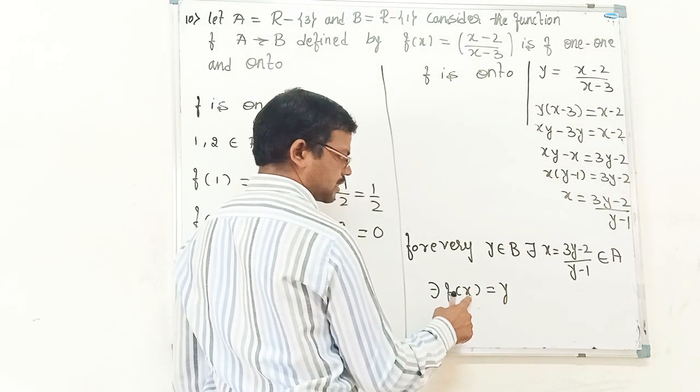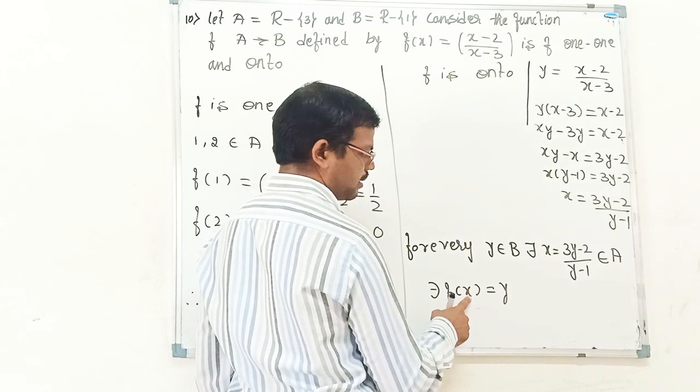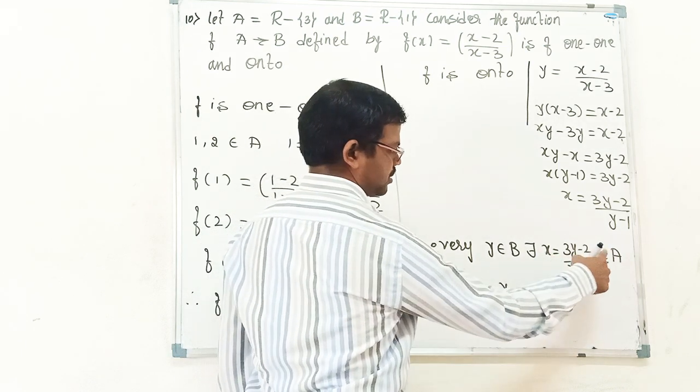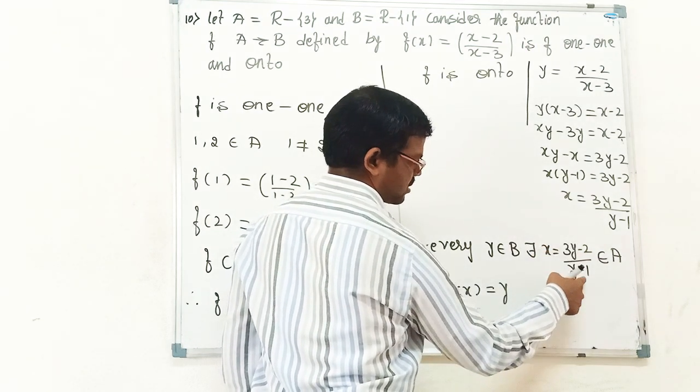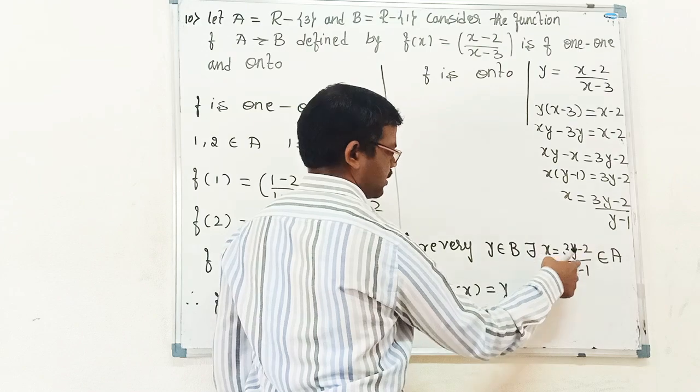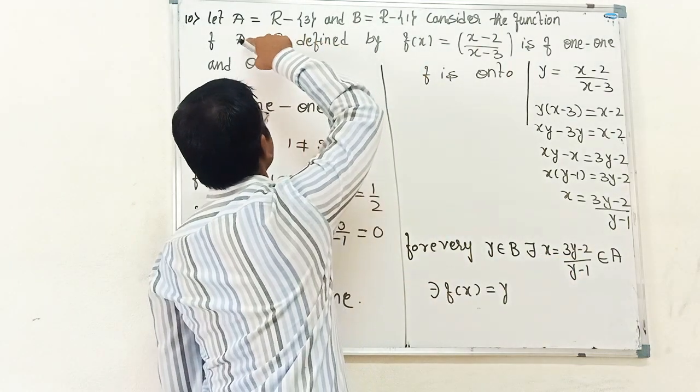This x is the pre-image of y, and that x exists in A because it is a rational number. Rational numbers are real numbers that are there in the set A.